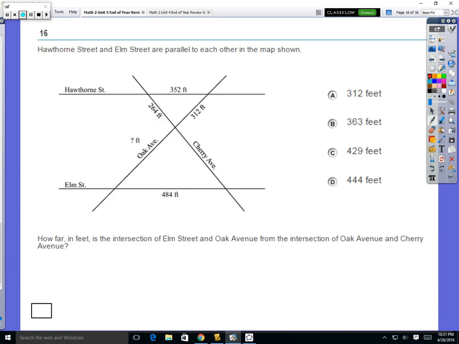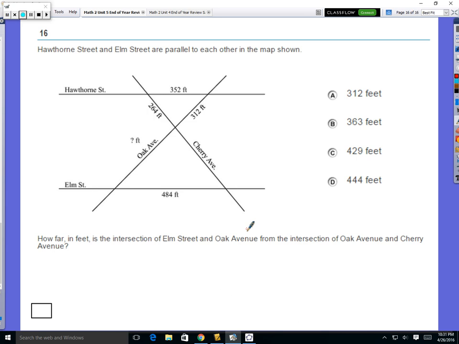The very last one. Hawthorne and Elm are parallel to each other, so we got some transversals.